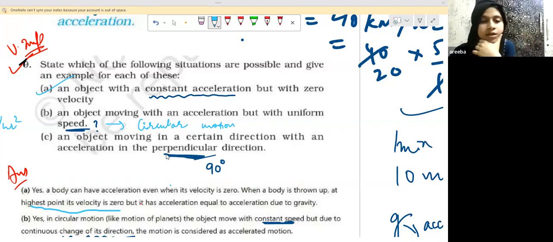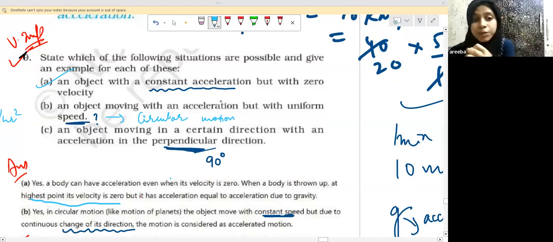Okay, nice attempt, Umaima. Now I'll be explaining this. It says an object moving with an acceleration with uniform speed. Ma'am, acceleration only comes when speed changes, right? Yes, I've told you in the definition, it is change in velocity upon time.